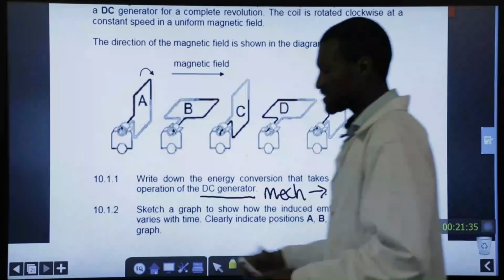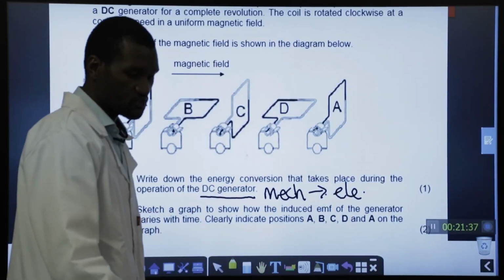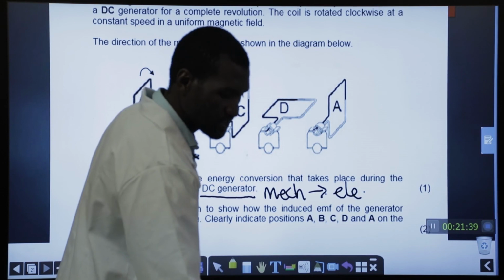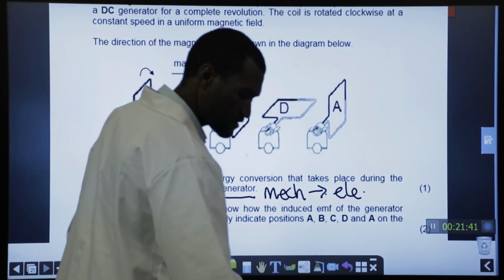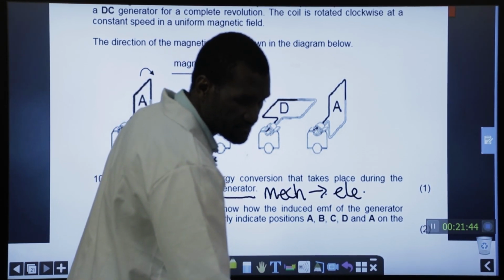That's just a sketch. It doesn't need to be accurate, and you'd get your full marks for that particular question.